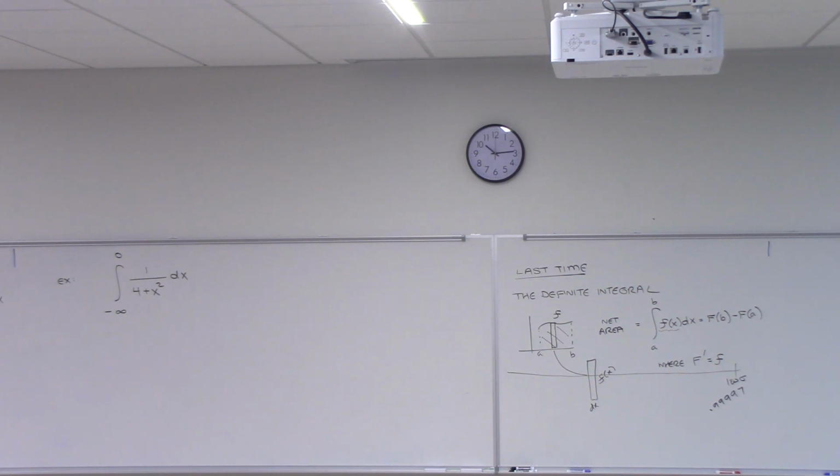So that's what we want, right? We want the area to the left of 0 forever. Forever and ever and ever, right? And as we go down here, you can see, no matter how far we go, if we zoom in, there is area in there. We want to get the total of all of this area together.